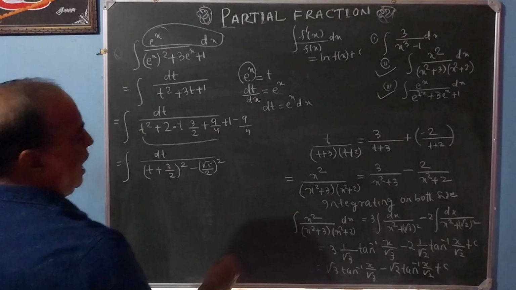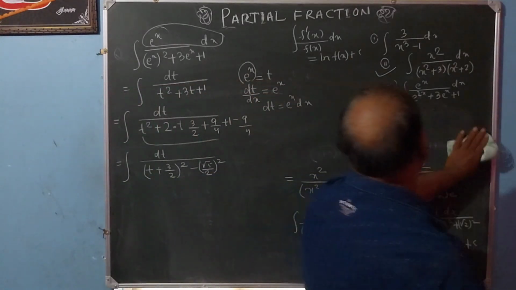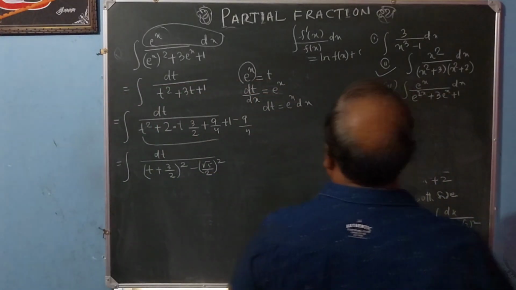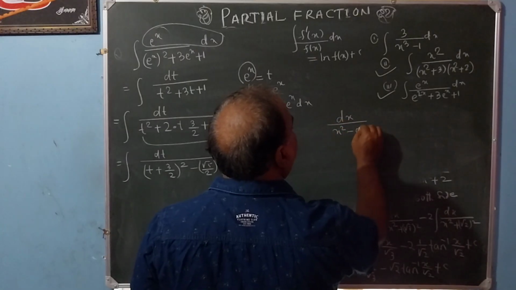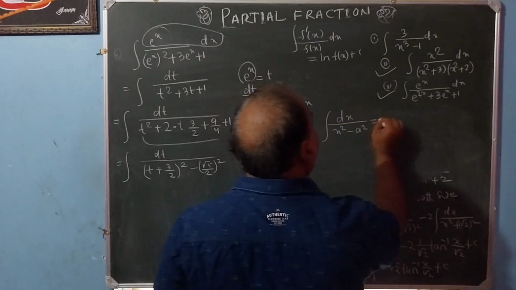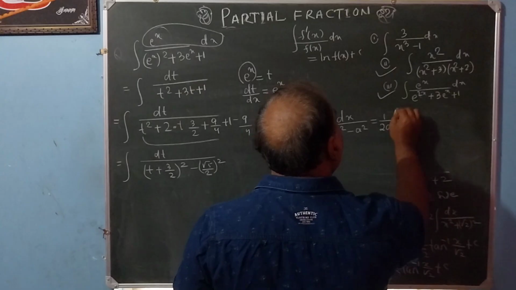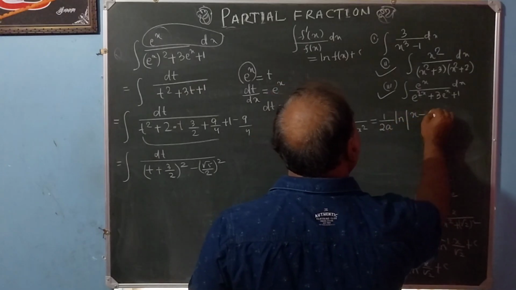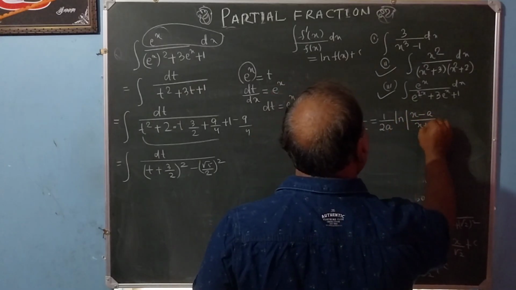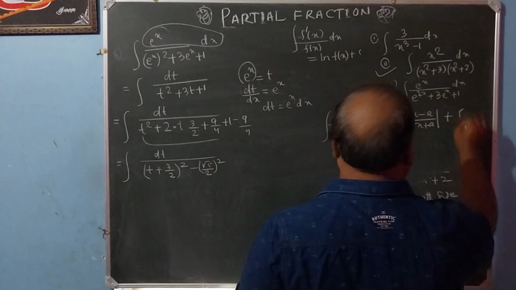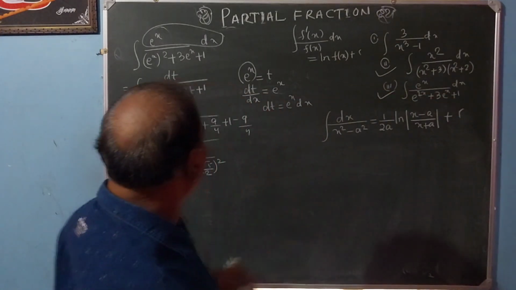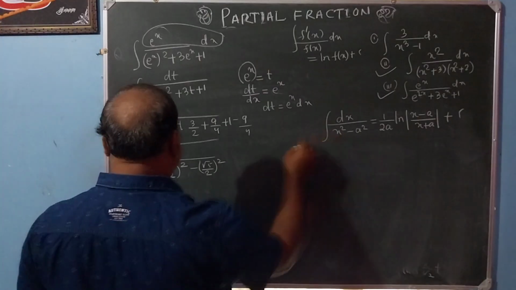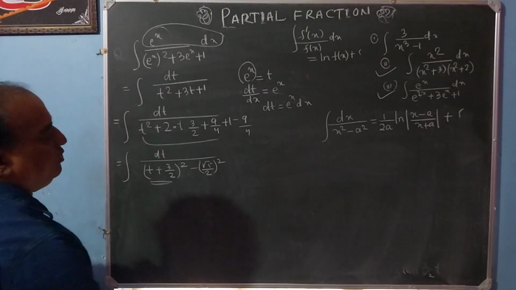We know one formula. dx upon x square minus a square is 1 by 2a ln (x minus a by x plus a). This is the formula we have already discussed. So applying that formula, in place of x it is t plus 3 by 2.